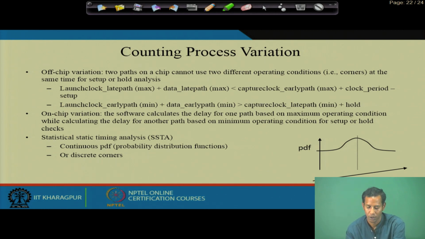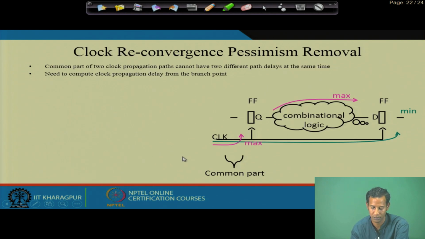This is the calculation equation for timing analysis. It depends on off chip variation as well as on chip variation, along with statistical timing analysis, which contains continuous PDFs, probability distribution functions, or discrete corners.